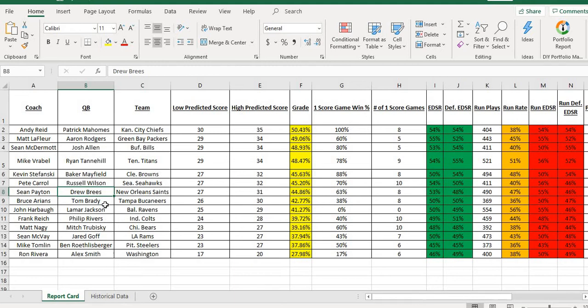So any stats you're looking at on Washington, whether recent or season-long, are skewed by the fact that they had Dwayne Haskins and even Kyle Allen in there for a little bit. So it's very tough to just look at it and say, oh well, their stats say that they're not going to win, or maybe they are going to win. Either way, I just don't take those stats very seriously, mainly because of the interchangeability of players there.